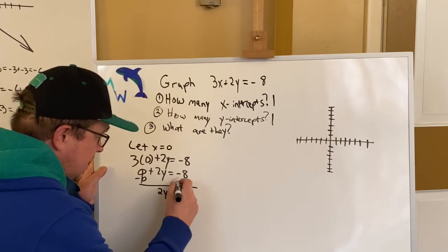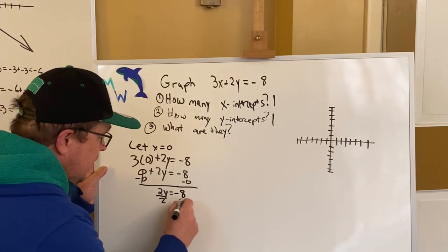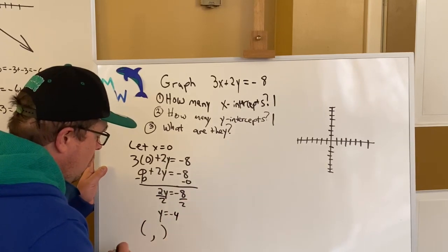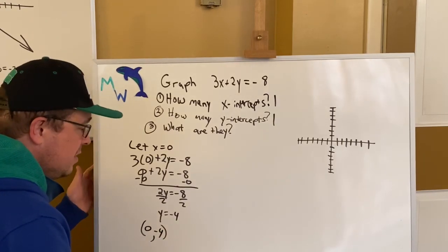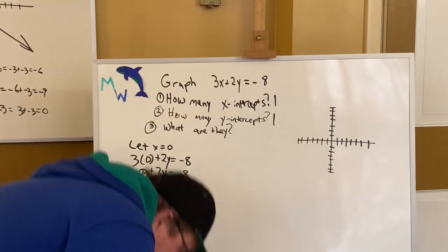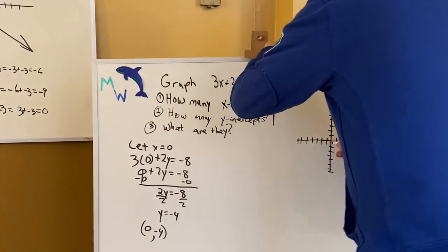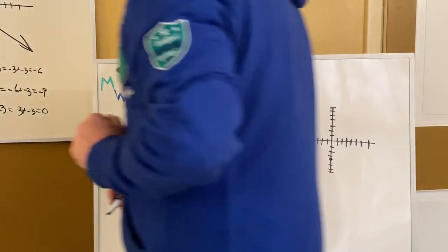Negative 8 minus 0 is still negative 8, and we divide by 2, and that wasn't bad. y is negative 4. So we got this ordered pair where y is negative 4 because it's an intercept, and the x is 0. So that's one of them, and I can put it down there. 0, cross down 1, 2, 3, 4, and that's good. So I'm on my way to getting this line graphed.